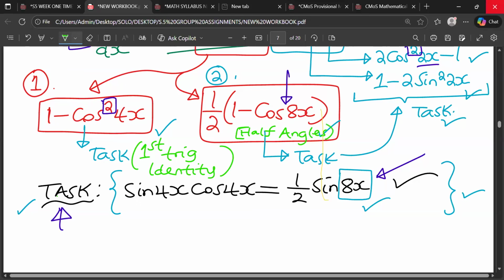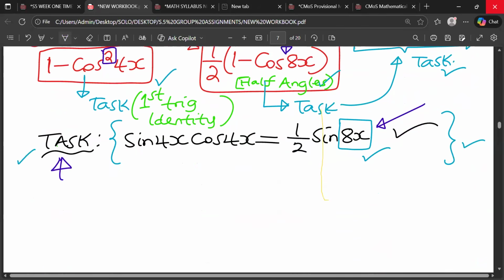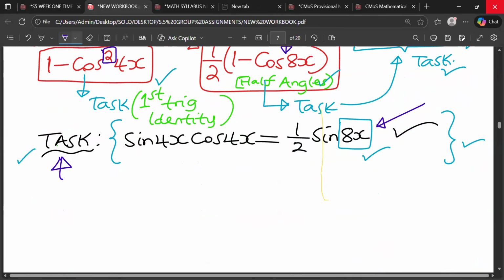Then this one, the last one, I'm getting it from double angles. So when you visit them, you will be in position to understand. Even this last one, I'm getting it from double angles.